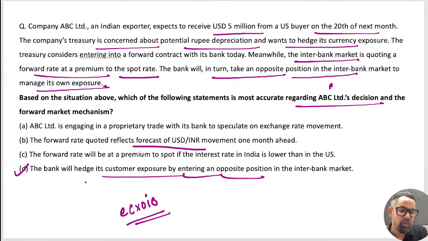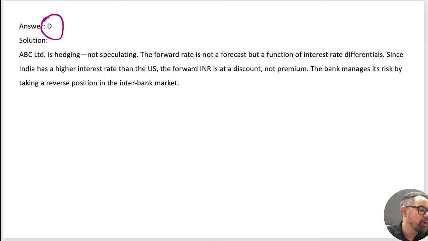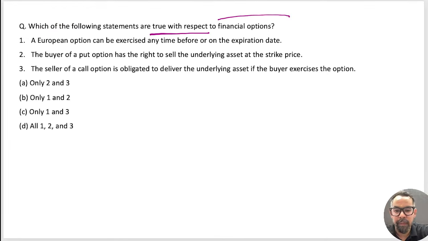And this is more clear, right? They are entering into a hedge position, so they are taking the opposite position in the inter-market. That's why I didn't go for option B. Option D is the right answer for this one. That is a clear cut case of hedging, because we are offsetting the position as we are expecting the market will behave in a different direction.